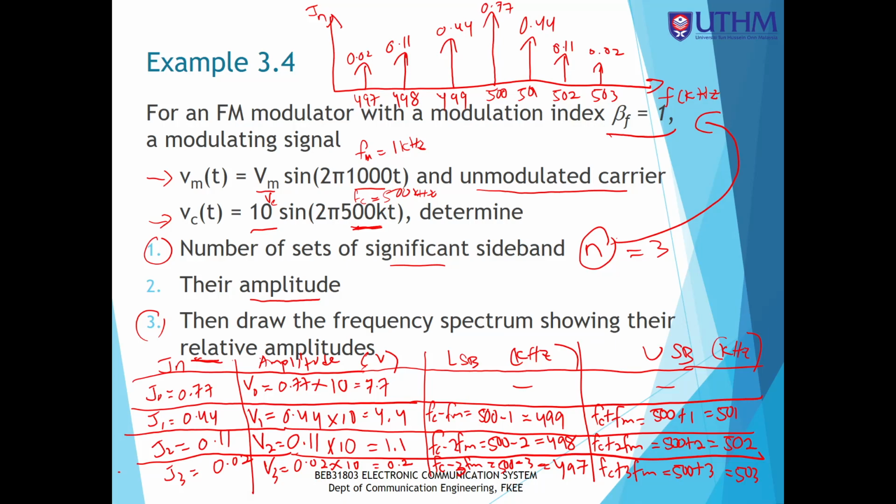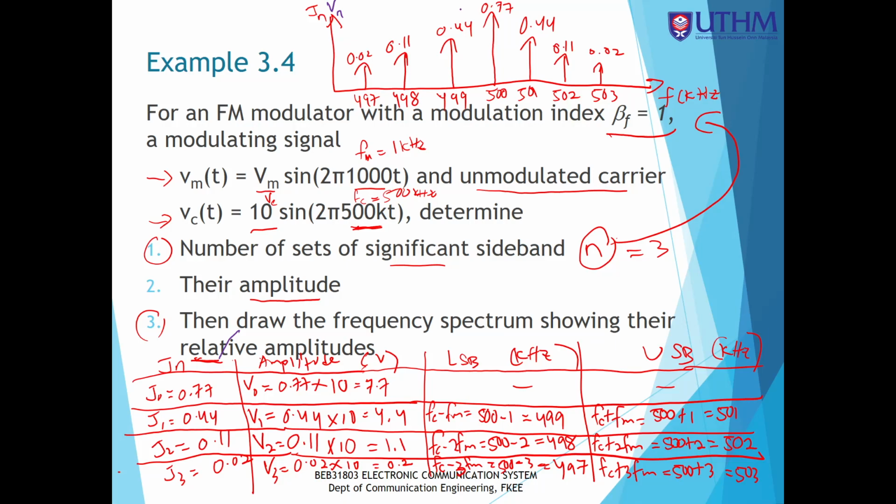So this is if the question says relative amplitude. What if the question says you need to plot against the amplitude? If there's no relative here, that means draw the frequency spectrum showing the amplitude. That means you need to draw Vn versus F, so you label based on the value of amplitude, not the relative amplitude.